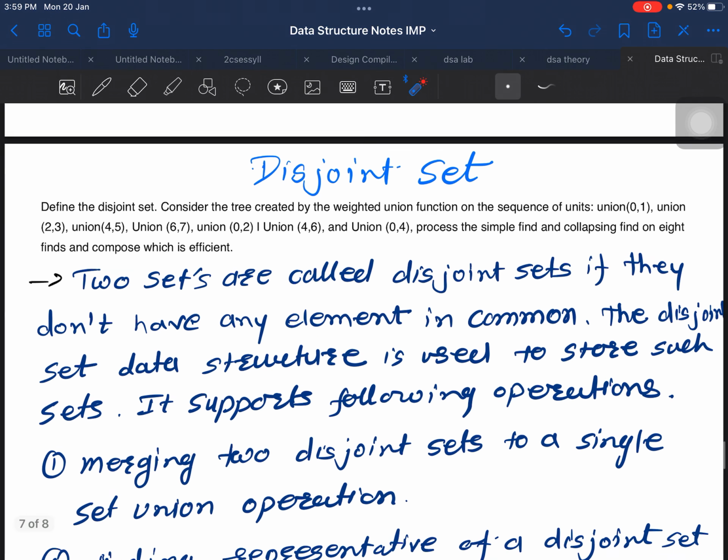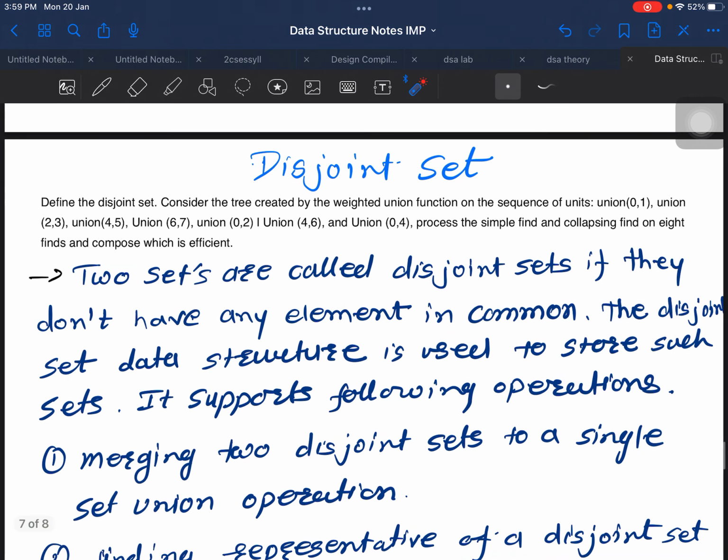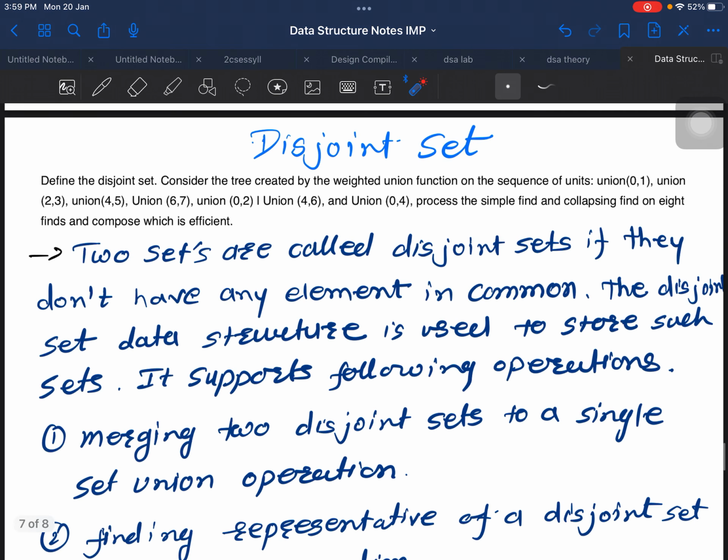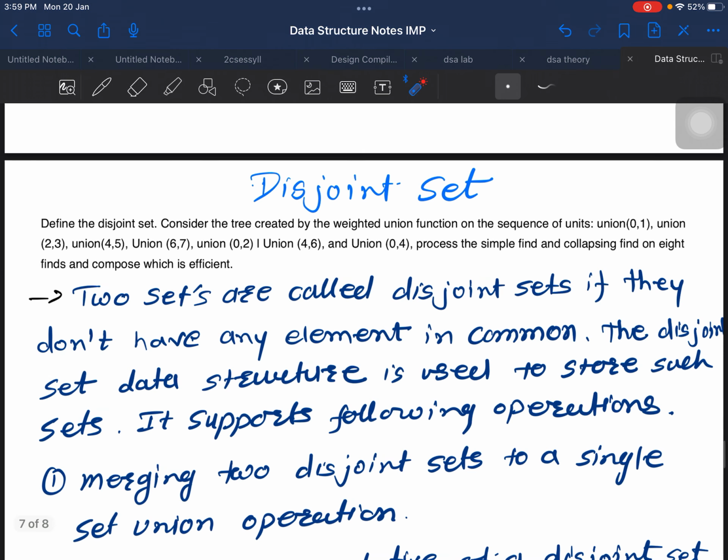So now guys, you can write theory related to disjoint sets, which is very easy. Now this is the question which they ask you in the model question paper. They are asking: consider a tree created by the weighted union function on the sequence of unions. So first of all you have to create a tree. To create the tree, they have given one function, that is the union function.